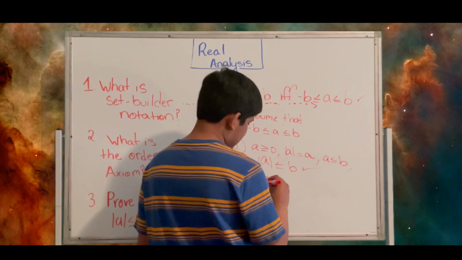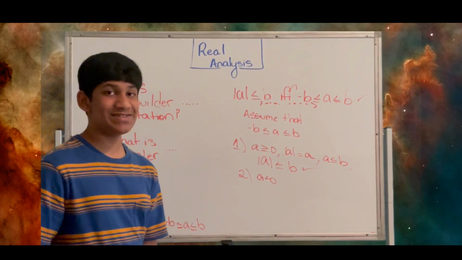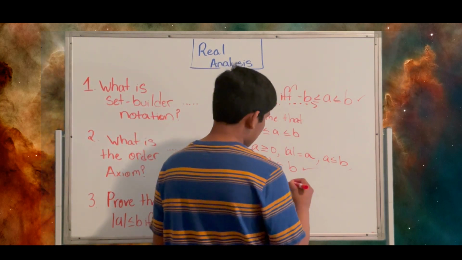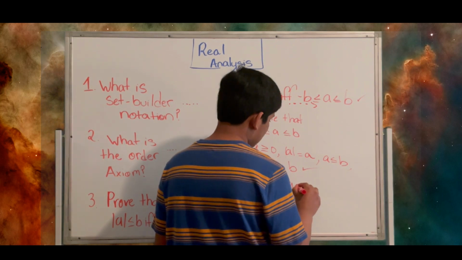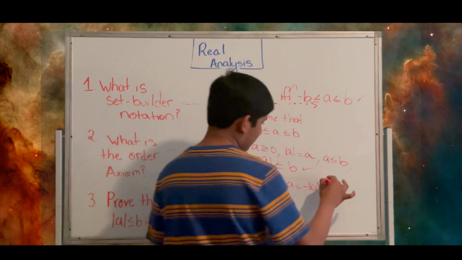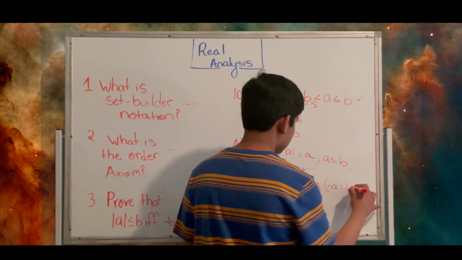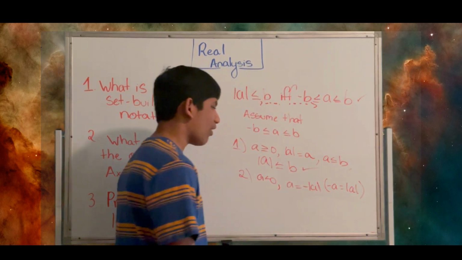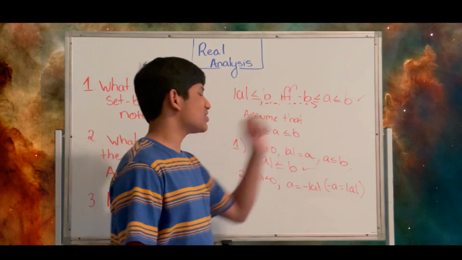So A is less than 0. Now, if A is less than 0, then A is equal to negative absolute value of A, considering that negative A equals positive absolute value of A. Okay, now that we've got this, instead of considering this part, we consider the other part.